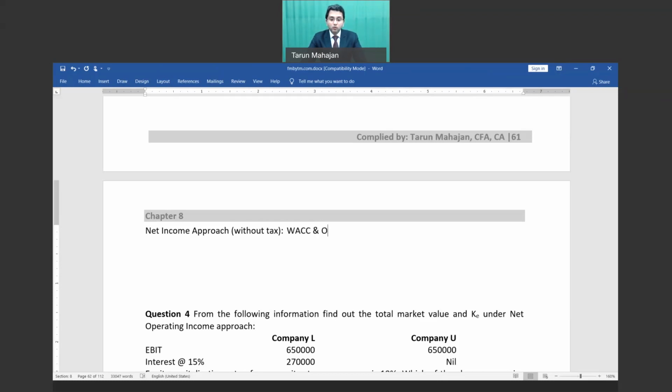WACC and overall cost of capital are one and the same thing. Wealth means total market value or firm value. So WACC and firm value change.